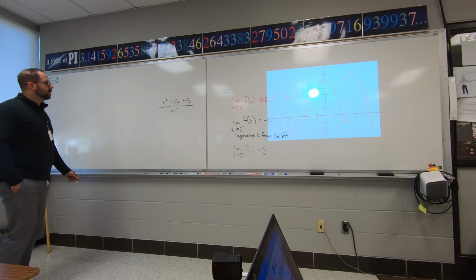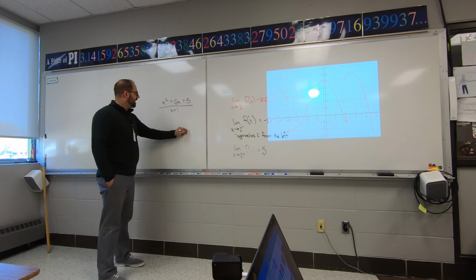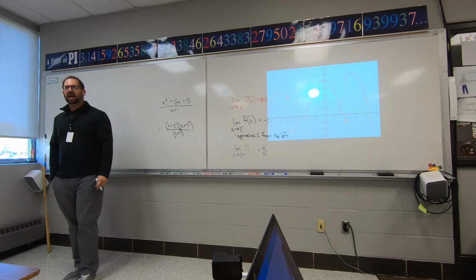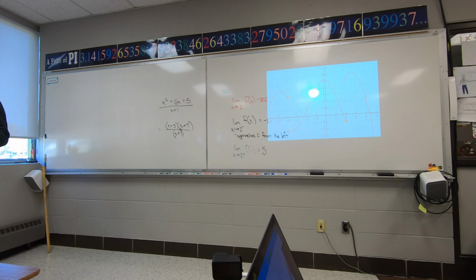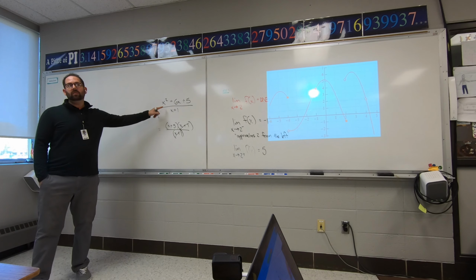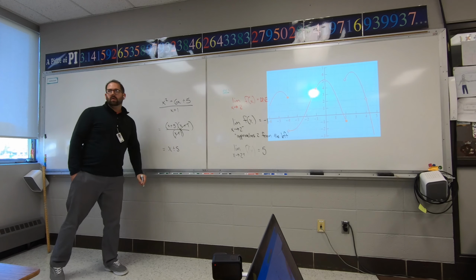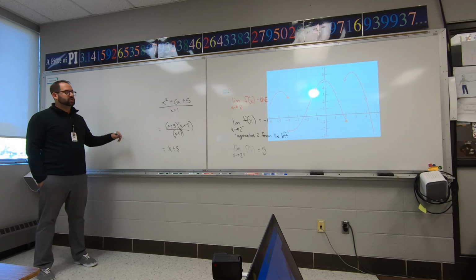If you actually divided these, you factor the top, which is x plus 5, x plus 1, and the plus 1's top and bottom would cancel. So it doesn't actually have a vertical asymptote. So if you actually graphed that into Wolfram Alpha, it would just draw a linear equation.